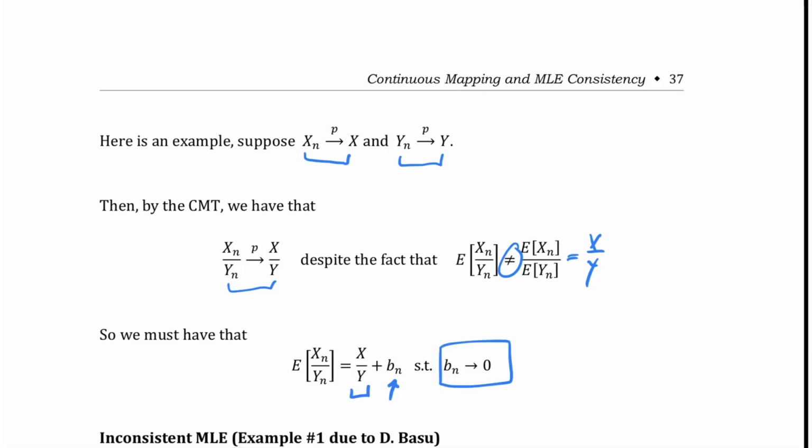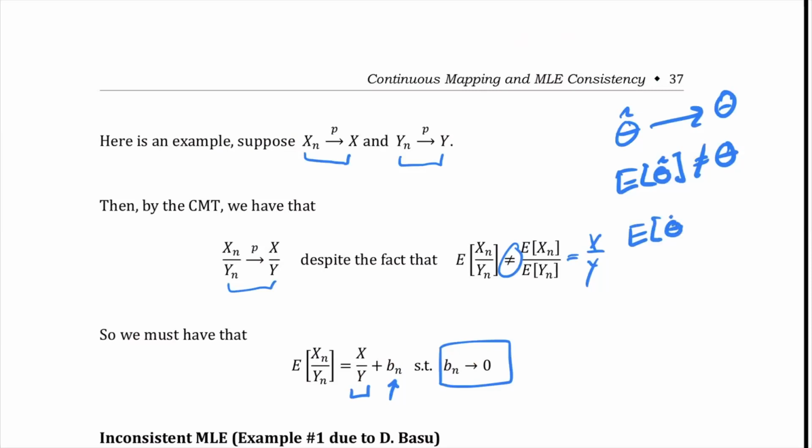And this happens a lot, in fact, with maximum likelihood estimators. We just showed with maximum likelihood consistency that maximum likelihood estimators tend to go to the true thing they're estimating. But very often, they'll be biased. Well, how do you end up at the right place? You end up at the right place by being equal to the truth plus a little extra, but the extra is going to 0.